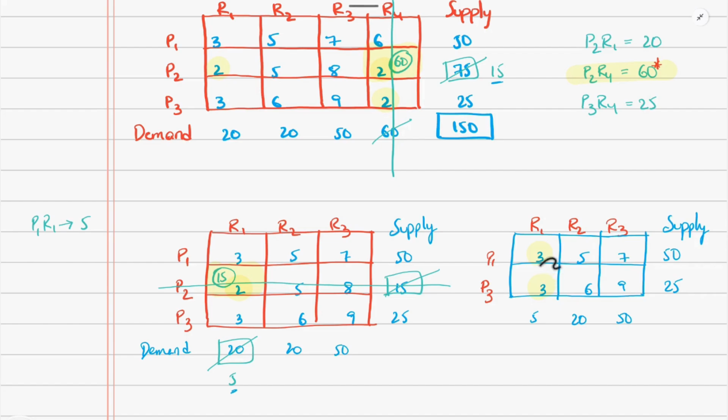Let's see for P3 to R1. If I selected this cell, the corresponding supply and demand is 5 and 25. So what is the least among them? 5 again. So P3 to R1 is going to be 5 units again. Now as you can see, there is also a tie between the maximum allocations.